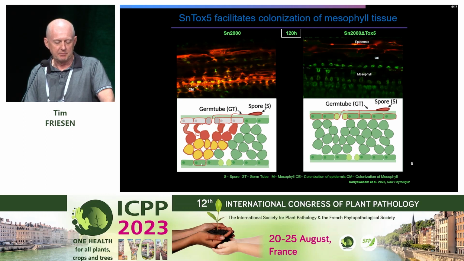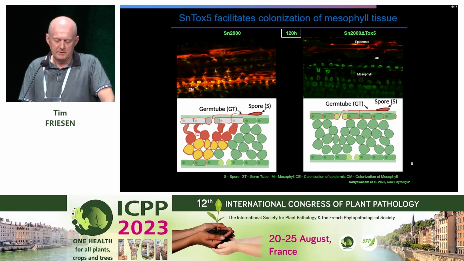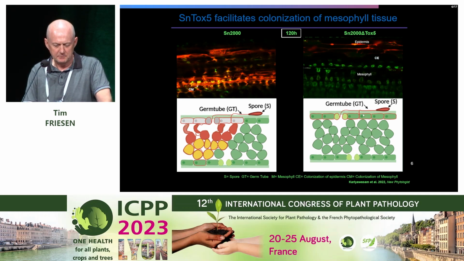But the pathogen has built enough biomass to then be able to sporulate or complete its life cycle out of this. Whereas in the knockout, the pathogen never makes it into the mesophyll. It just stays between the epidermal cells, and that's as far as it colonizes.